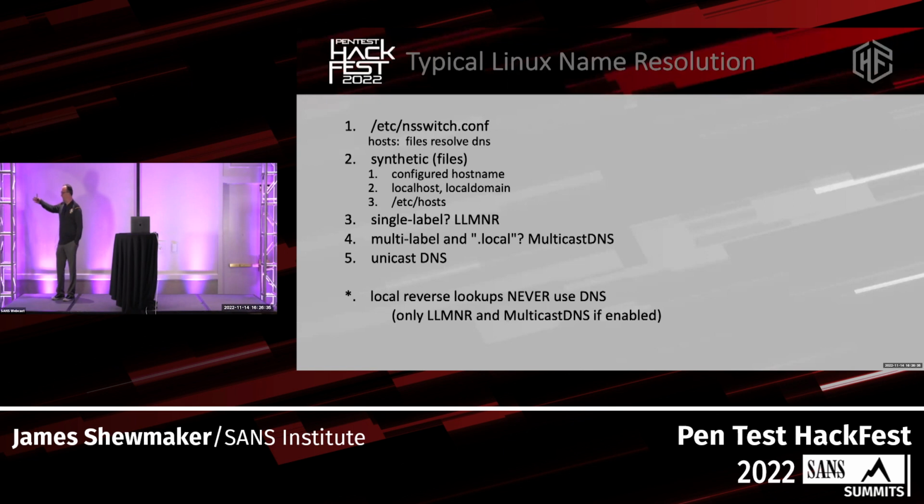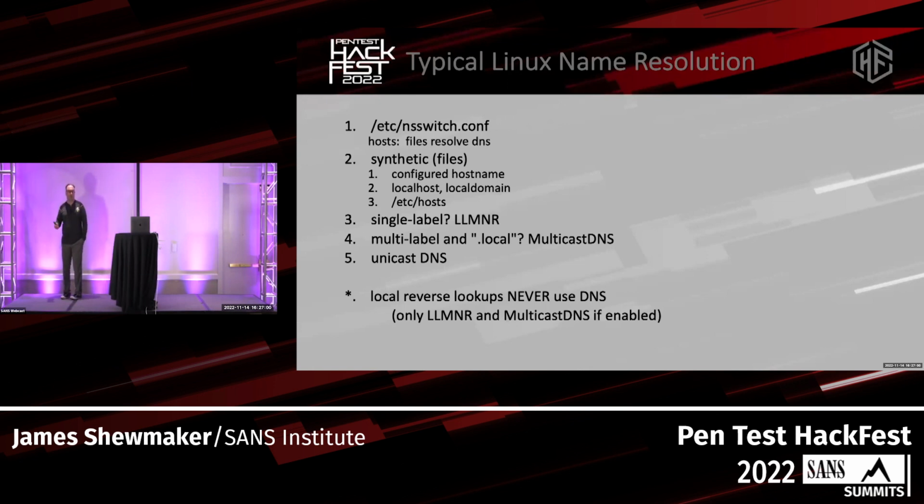But basically, if you look at a modern Linux, I'm not talking about the dark ages, it's going to look at the order of resolution in nsswitch.conf, then it's going to decide if it can answer with synthetic file configuration first, and it will. Not just is it localhost or local domain, but is it something in the .local domain? It's going to try that first, then it will look in the hosts file.